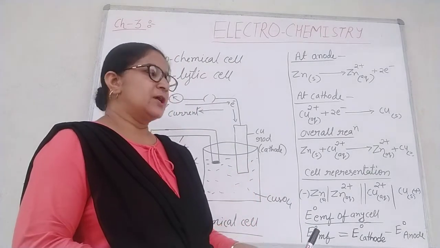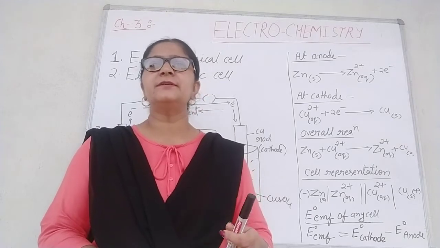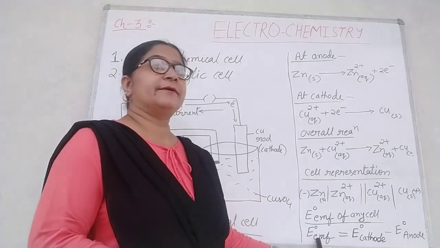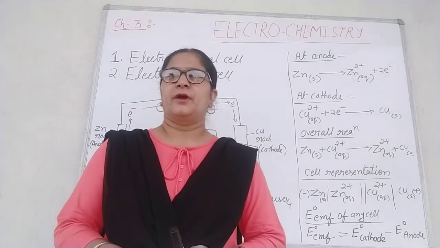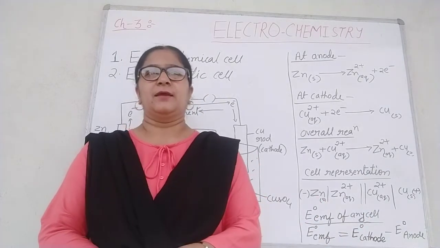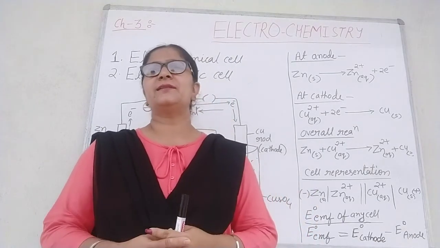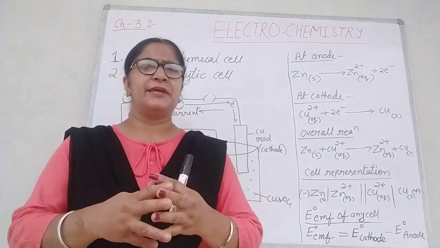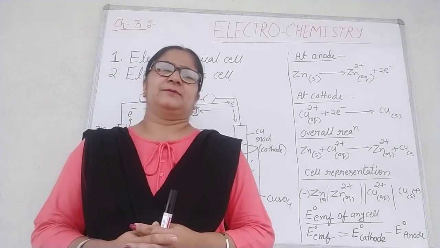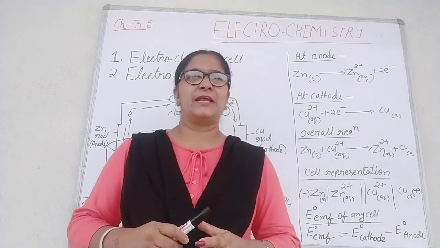So students, using this formula we can calculate standard cell potential or standard EMF. But before that, we shall know how to determine the standard electrode potential of each electrode. So we will discuss this topic in our next video.